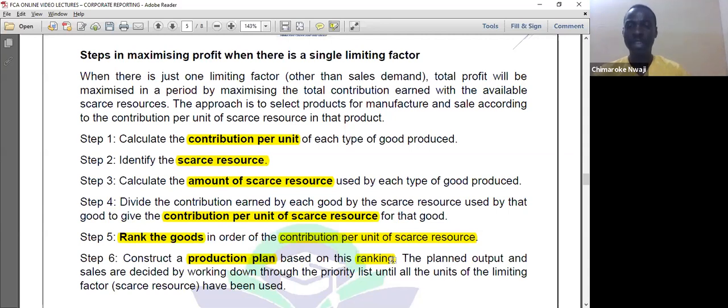It means that you don't produce anything until you are done with it.